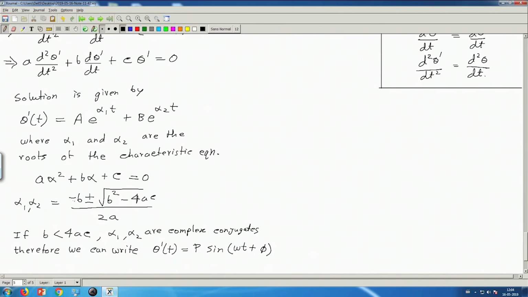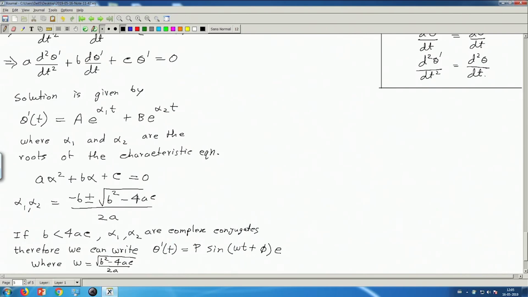Okay, so you can rearrange the terms and it will be of this form. Okay, and where omega will be this complex part, I mean the imaginary part, and we will also have another term.